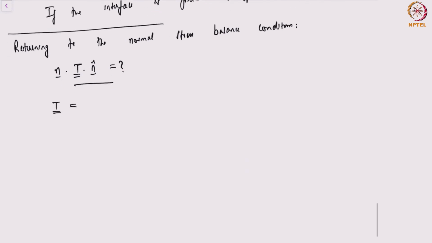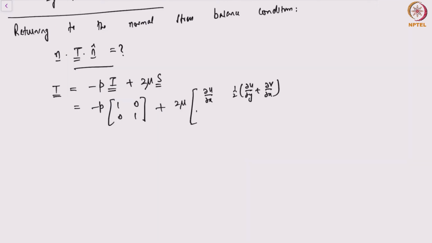Now if I have to do it in a simple 2D, I have the advantage of using the definition of t in the matrix form, which is minus p times identity plus 2 mu times s, that is minus p times 1 0 0 1, and finally I have del v by del y is equal to 0. This is my stress tensor that I have at an interface.